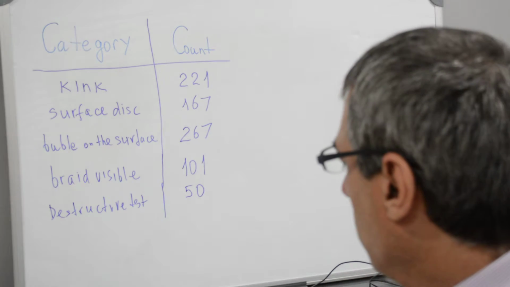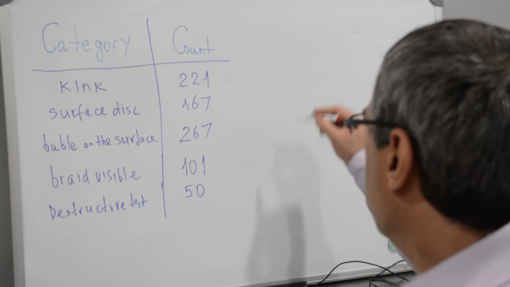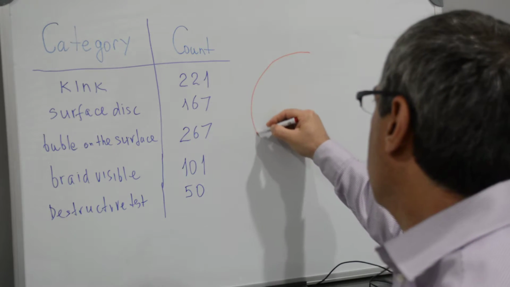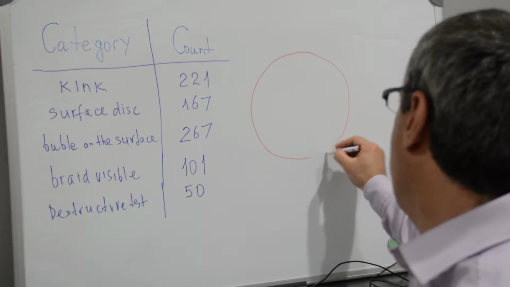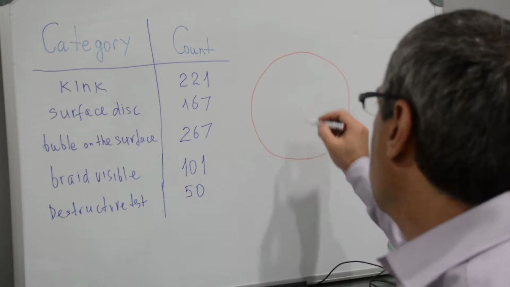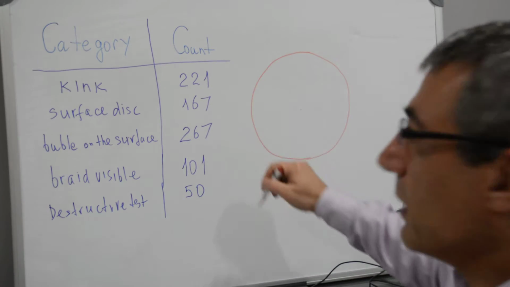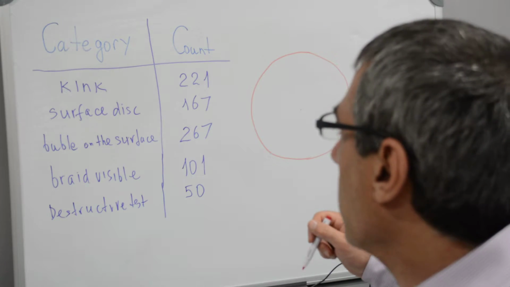data is called a pie diagram, where actually the name speaks for itself, where a diagram in the form of a pie has certain slices which represent the percentage of each category.